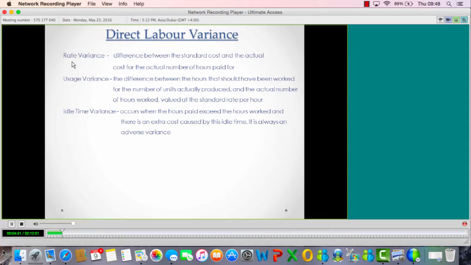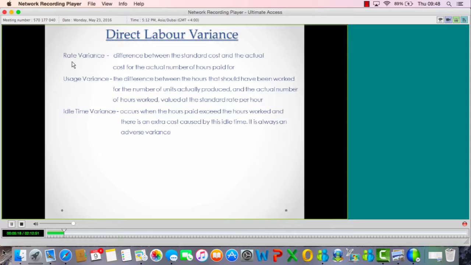But sometimes, for example, there's a production breakdown, maybe because of a malfunction in the machine, so they would not be able to work. But irrespective of whether they work or not, they need to get paid because it's not the workers' fault. But from the company's point of view, that is actually a loss.